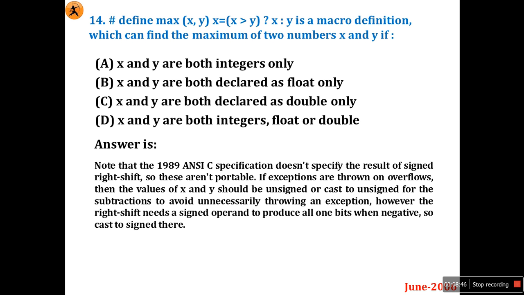So the cast to signed is there. What we conclude from this 1989 specification is that it needs right shift operations on integers, signed and unsigned, meaning only integers, not float or double numbers. So the answer is A. I hope it's clear that it depends on the ANSI standard.